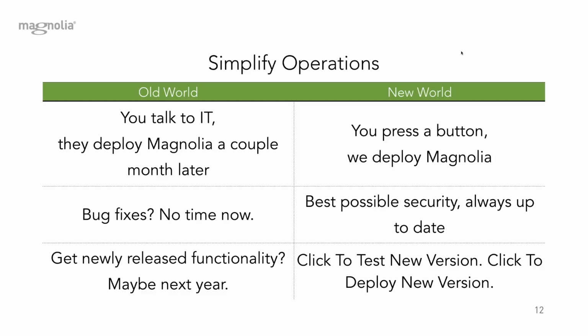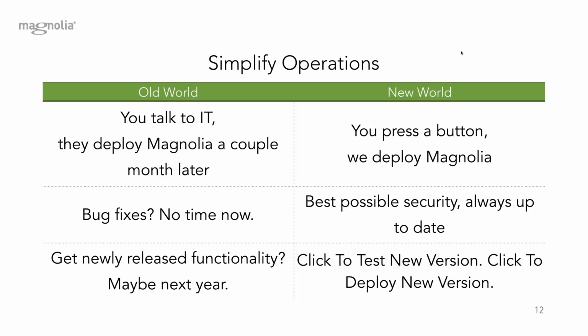We release new Magnolia versions, not bug fix versions, but really feature versions, let's say, once or twice a year. But still, this used to be a major thing for customers to upgrade to the newest version, depending on how good your staff is, how well trained they are, and how much automation they already have in their setup, which is something you can do, but that comes at a lot of cost.